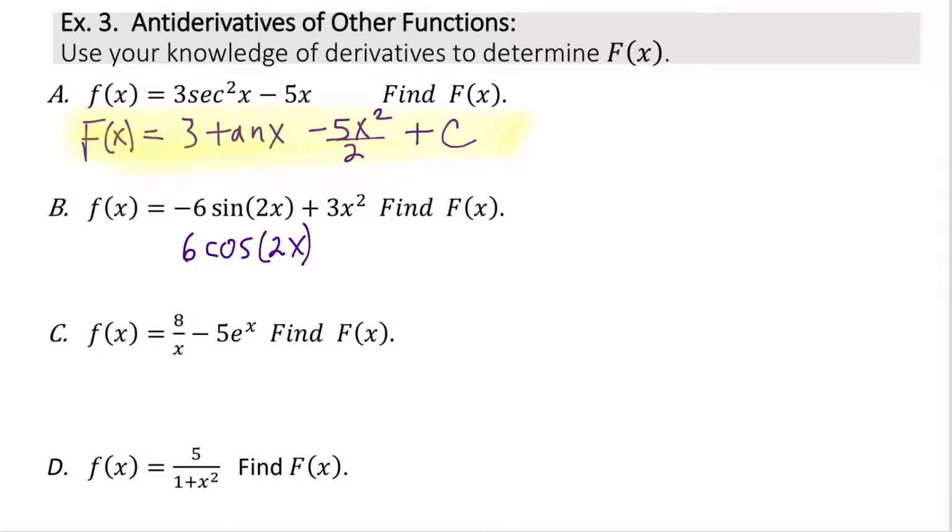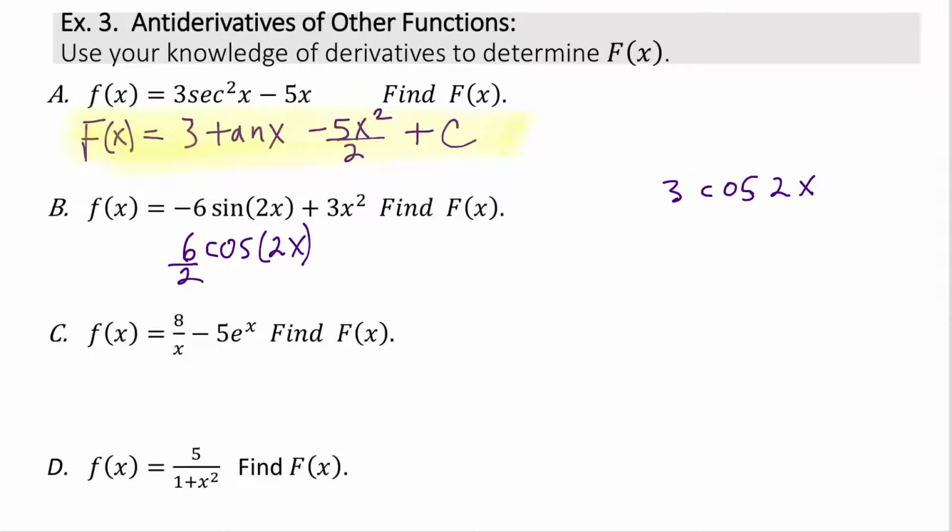But we do use the power rule when we're taking the derivative. So if we were taking the derivative of the cosine of 2x, we would have to multiply it by 2. So in order to get rid of that 2, we have to put it here. So you could check that if you take the derivative of 3 cosine of 2x, you should get back to negative 6 sine of 2x.